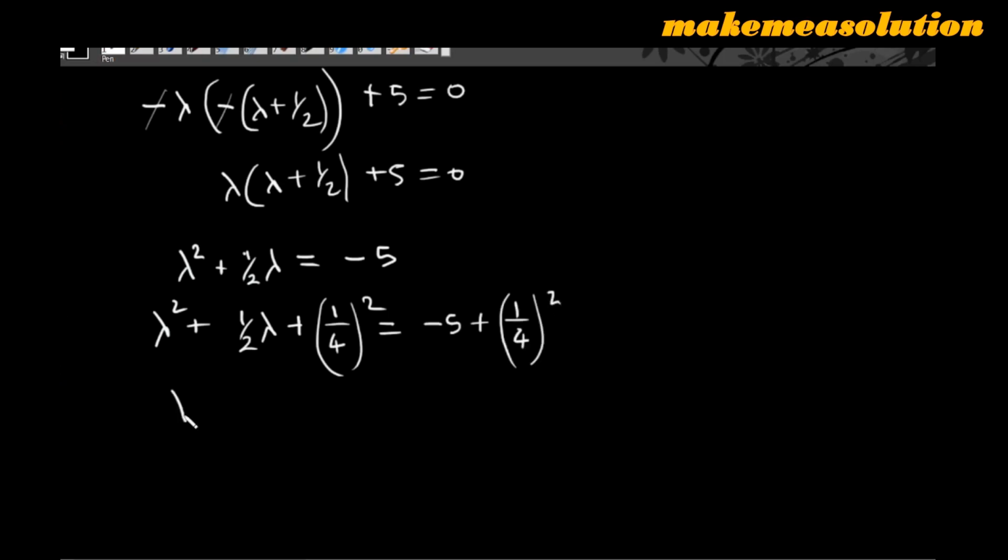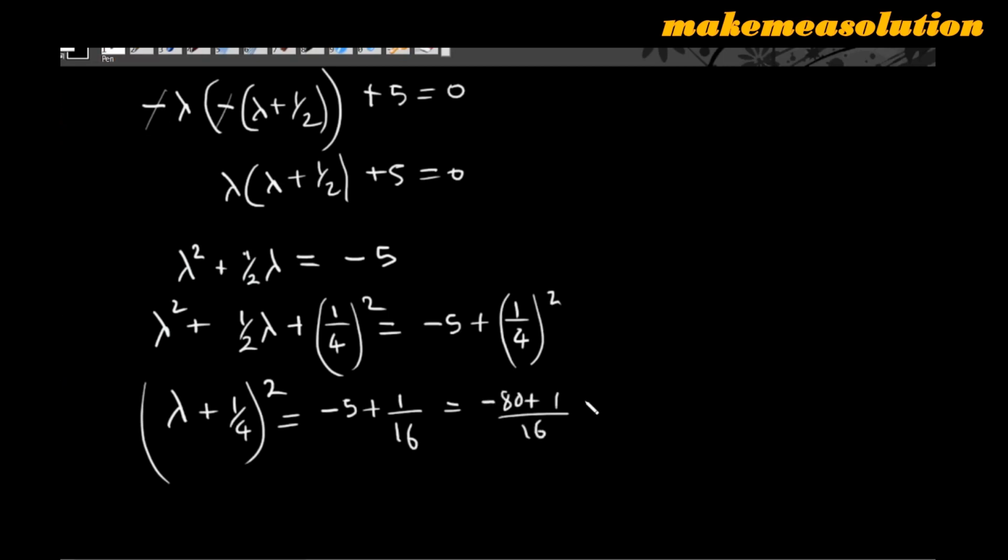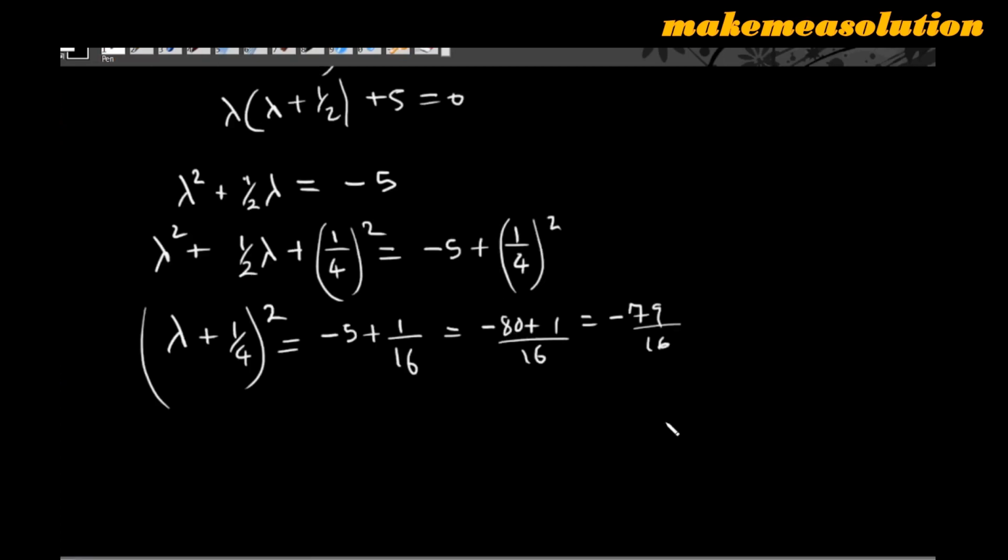Then this will now transform to (lambda plus 1 over 4) squared is equal to, when you solve this, minus 5 plus 1 over 16, which evaluates to minus 80 plus 1 over 16, which is negative 79 over 16. So (lambda plus 1 over 4) squared is equal to negative 79 over 16.